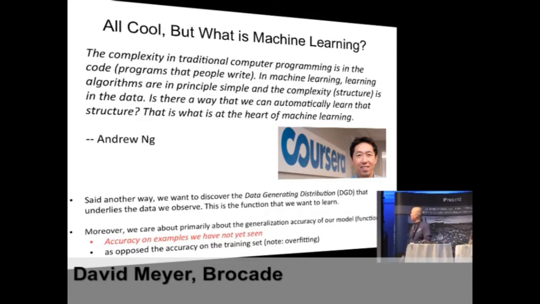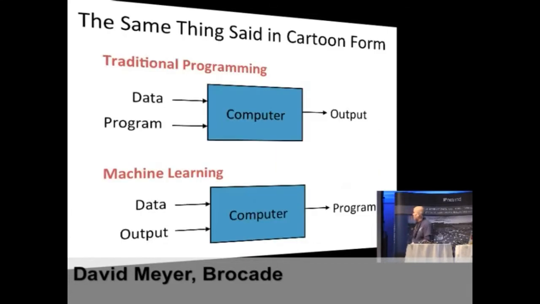So here's a cartoon of this. In traditional programming, you get some data. Okay, a packet comes to my router. I process the packet. I forward it on an interface. So I've got data, I've got a program, I get output. In machine learning, you have data and some description of what the output is. That's how you learn. And you output a program, right?